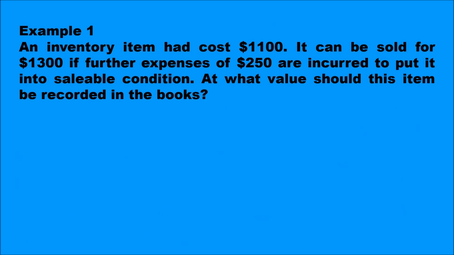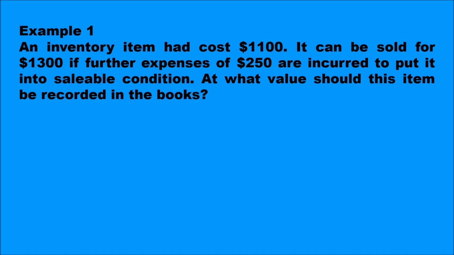Let us look at example 1 to understand. Inventory item cost $1,100. It can be sold for $1,300 if further expenses of $250 are incurred to put it into saleable condition. At what value should this item be recorded in the books?